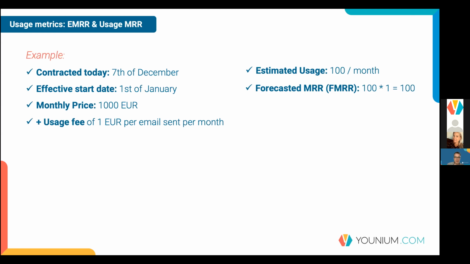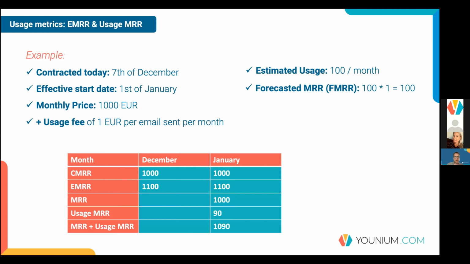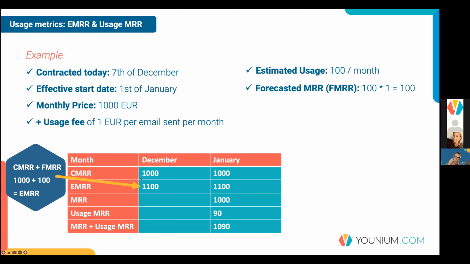And with this forecasted MRR, now the table comes here, so be prepared. We can also calculate the EMRR, the estimated monthly recurring revenue. So we already have the contracted monthly recurring revenue, which is what we know they will use according to the more flat recurring charges, right?